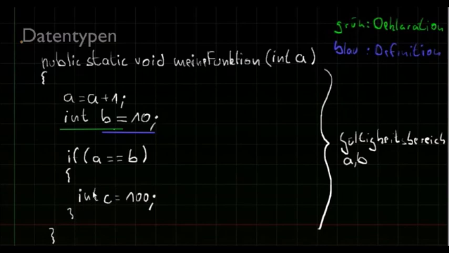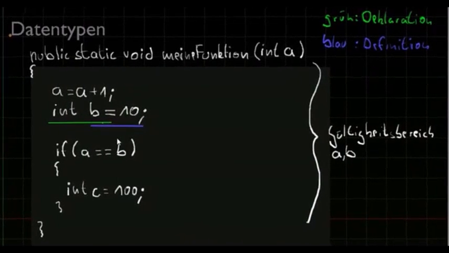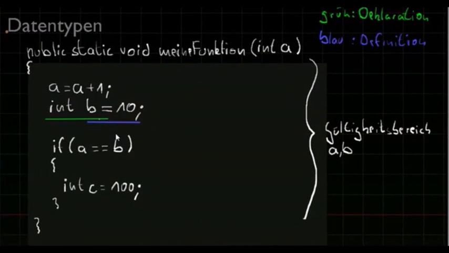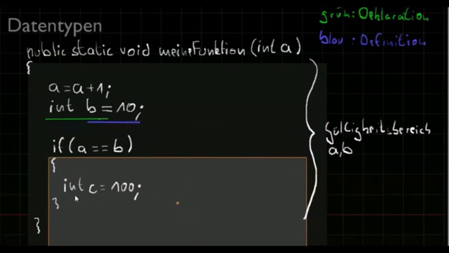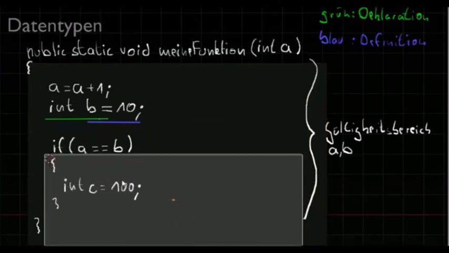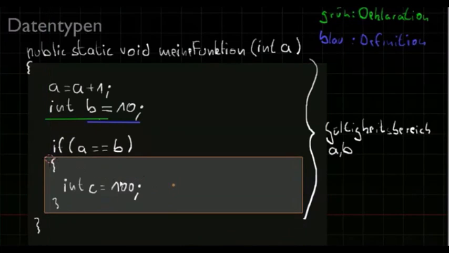And now I want to show this graphically. This gray area is the area in which A is usable and valid, and up from this line B as well. And this area, which is displayed by a bit lighter gray, this is the area in which C is usable and valid.